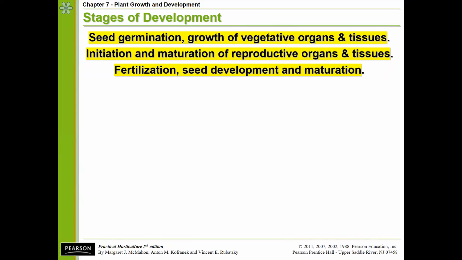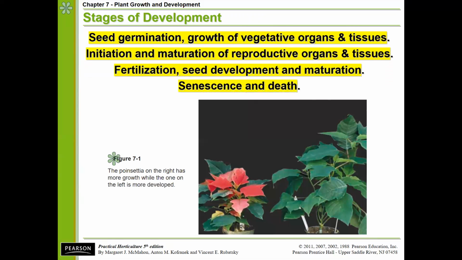Before we can actually produce seeds, though, we have to have fertilization, then seed development, and finally maturation of the plant, and finally senescence and death of the plant. And we can see here in this photograph, looking at a poinsettia, on the right we have more growth, on the left we have more development.